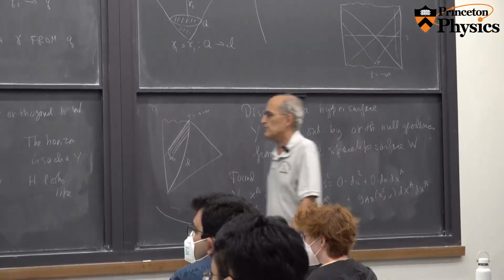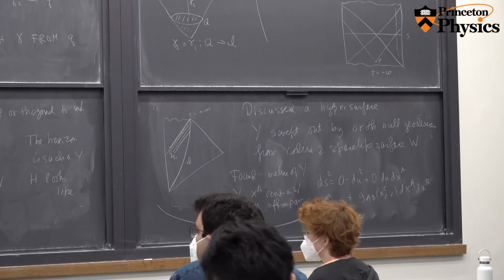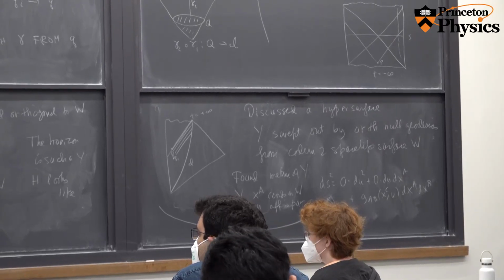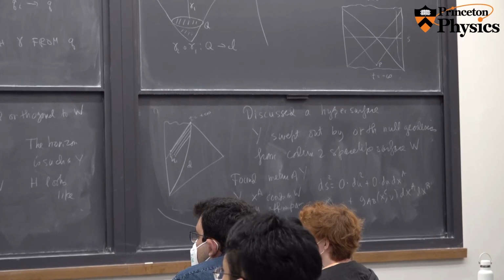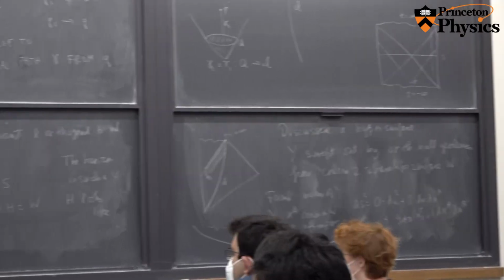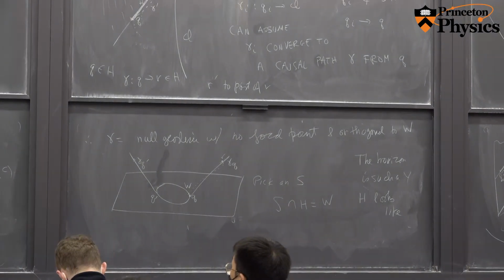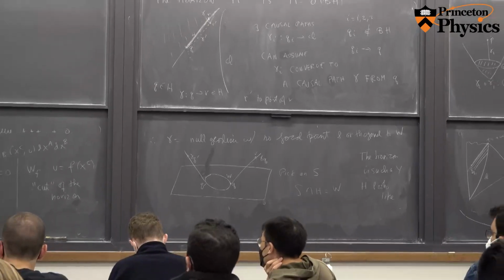So the horizon is a null hypersurface that's swept out by prompt null geodesics. There is some redundancy in that description. You can prove that it's enough to know that the horizon is a null hypersurface.